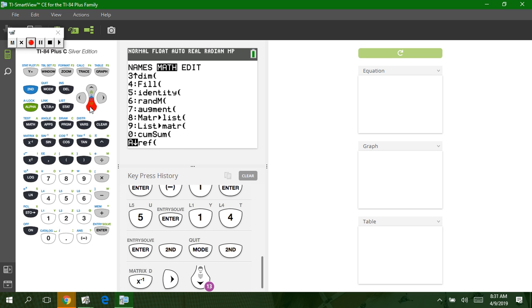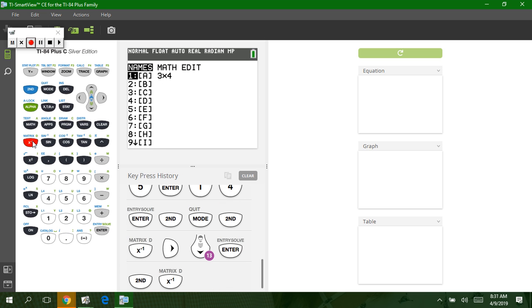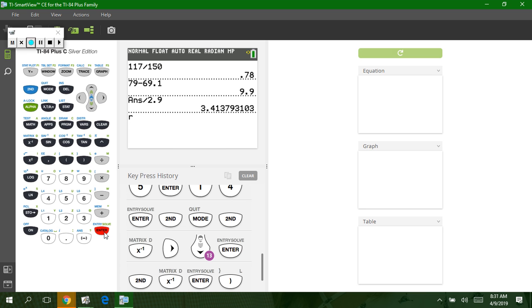That's row echelon form. That would give us the answer up there. I'm going to do that. So that puts it in a not very fun one. But because they decided to divide everything by the 3 there, and you know how we switched the rows, mine just came out pretty good.